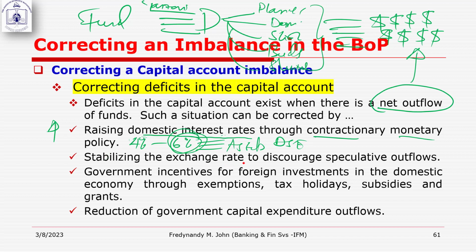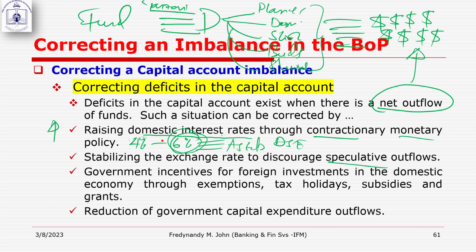Stabilizing the exchange rate to discourage speculative outflow. Speculation can play against you or in your favor.